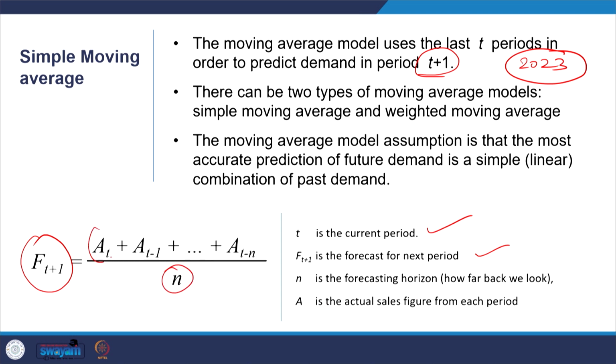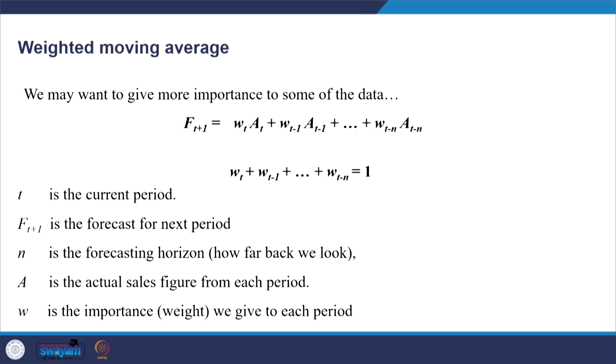So, actual sales in 2022, actual sales in 2021, and it goes on till, let us say, 2015. I will take that and divide it by the number of years. This is a simple moving average.